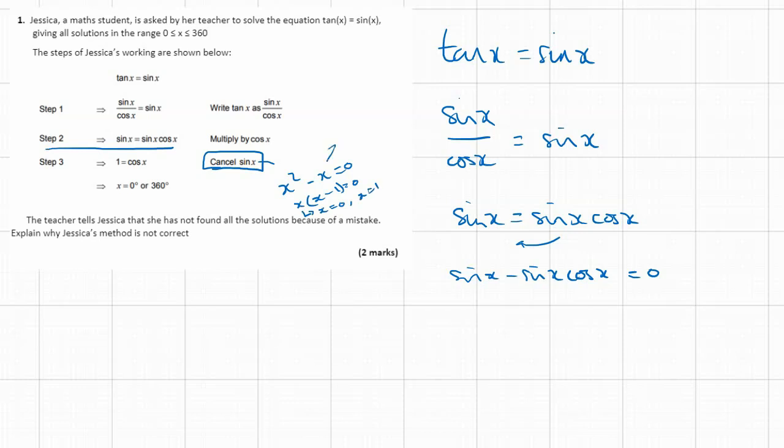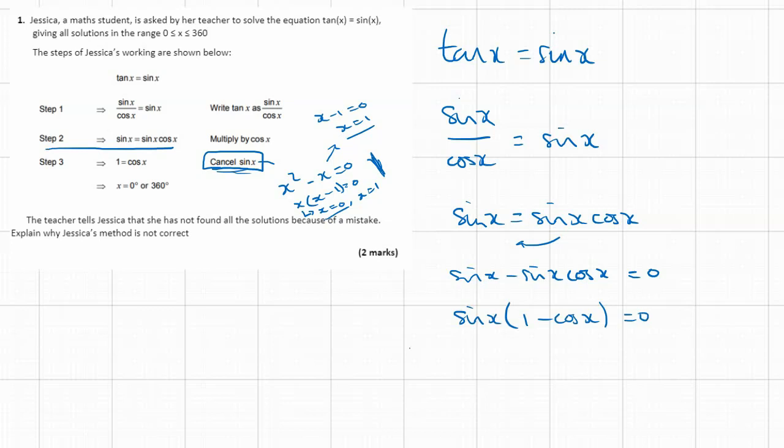If you just cancelled it and said that, your only solution would be x equals 1. But x equals 0 is also a solution. So when you cancel out a variable like that, you would know in this case here that that is wrong. It's the same thing with sine. So I need to factorize out sine.